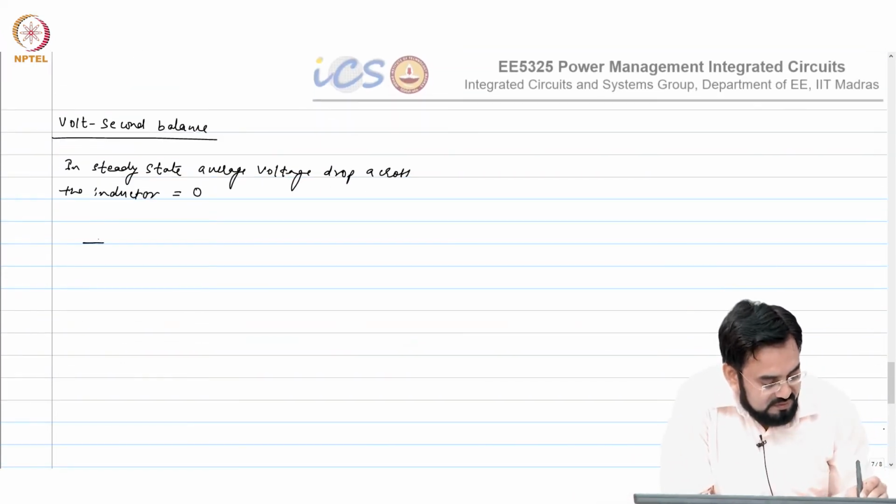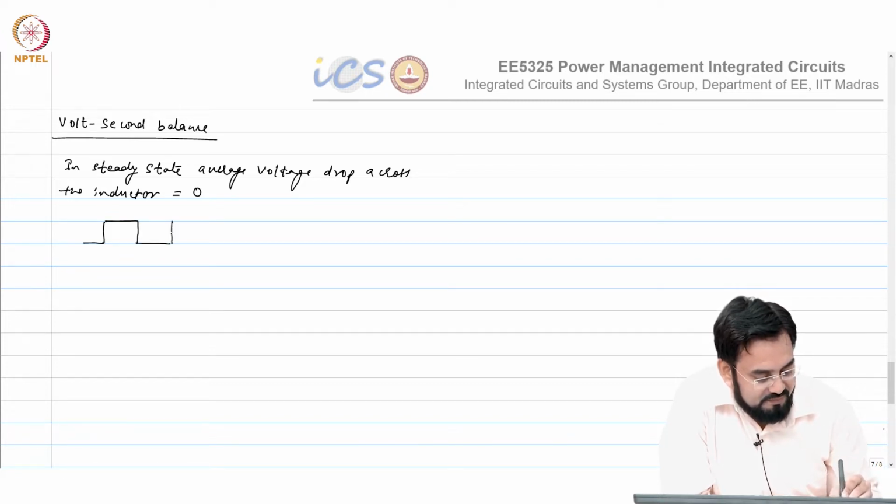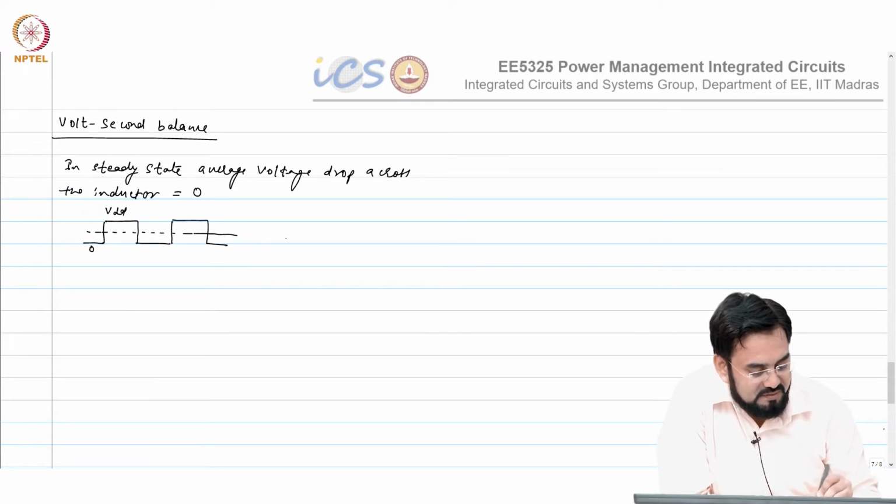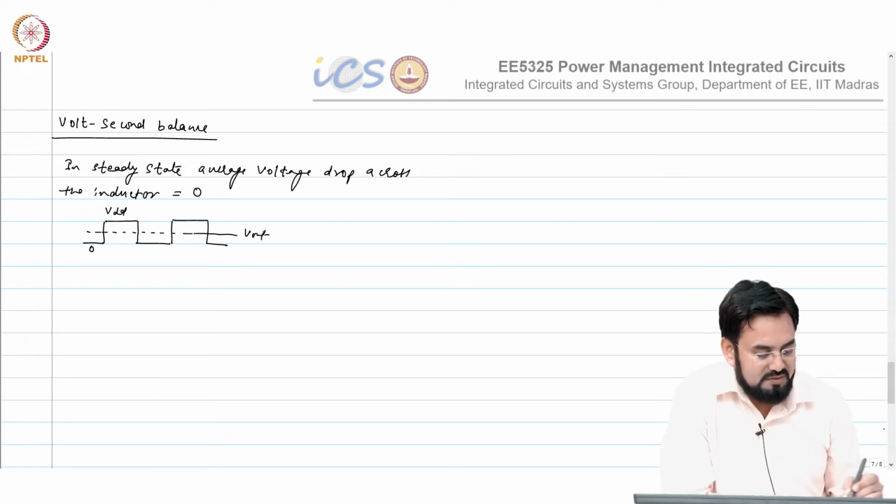So, we know this is your PWM, 0 to VDD, and average will be your V out.